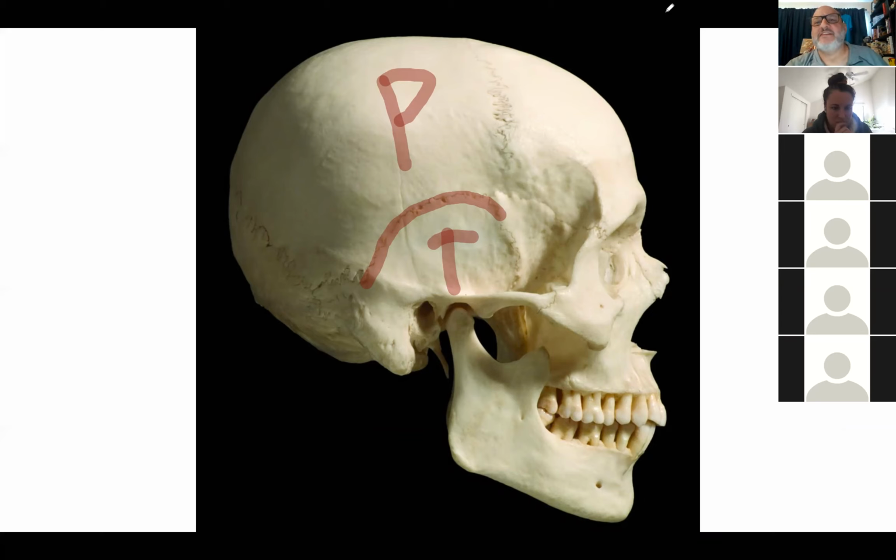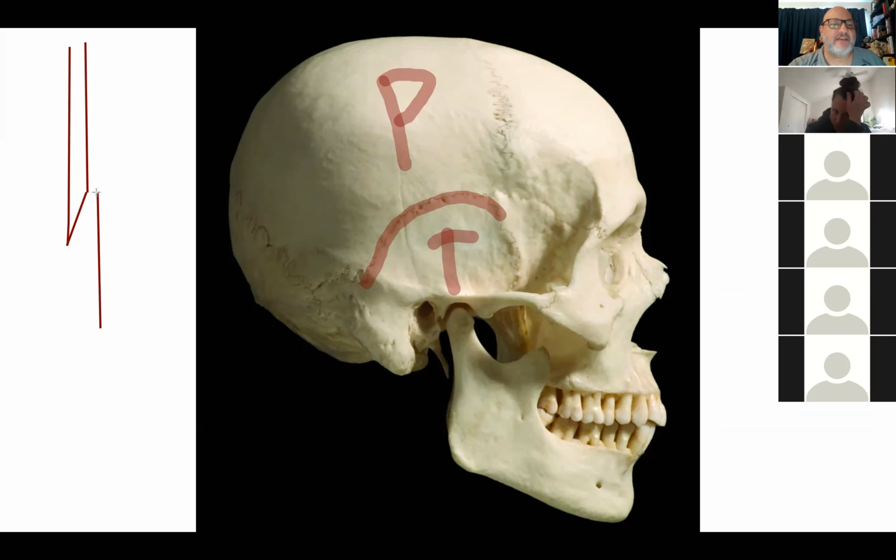The reason this is called the squamous suture is because the parietal bone comes down, and it has a very big, broad, flat surface. The temporal bone comes up, and it has a very broad, flat surface too. And these 2 flat surfaces form the joint. So that's where it gets its name, because squamous means flat.